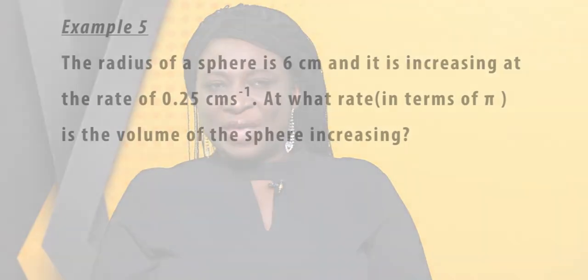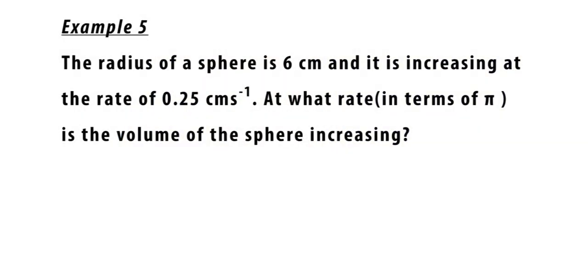I want us to take another example. The radius of a sphere is 6 centimeters, and it is increasing at a rate of 0.25 centimeters per second. At what rate, in terms of pi, is the volume of the sphere increasing?